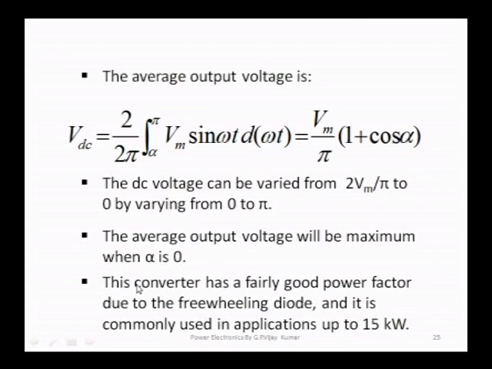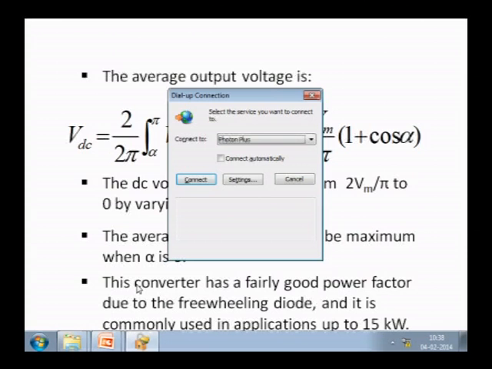So, maximum voltage is obtained when alpha is equal to 0. The average output voltage will be maximum when alpha is 0. This is an important thing.